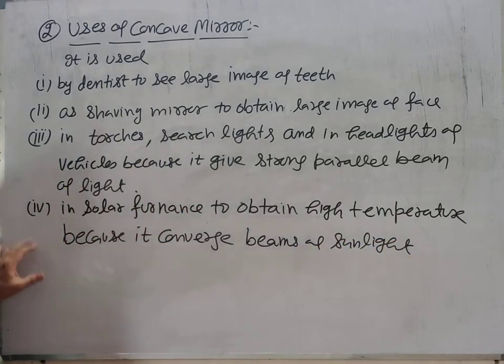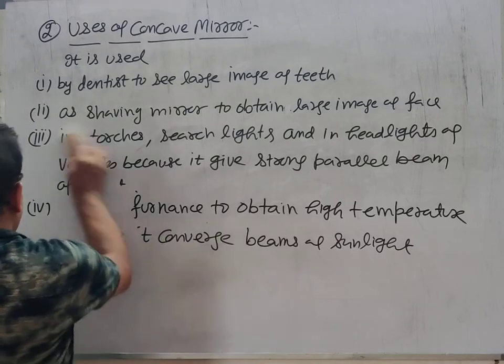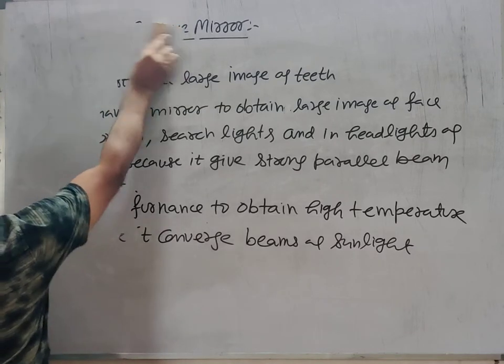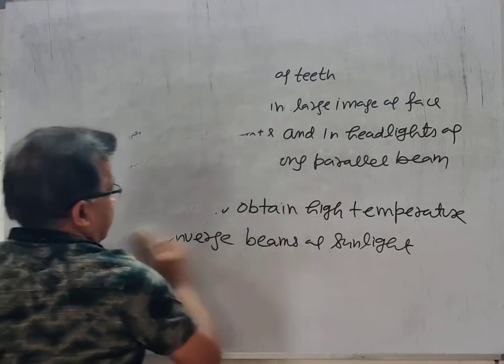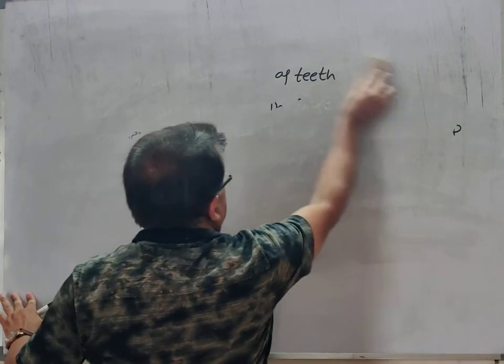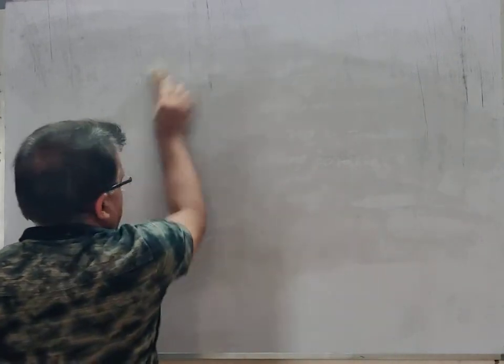These are the 4 uses of the concave mirror with their reasons. Now we shall study the image formed by a convex mirror. Ray diagram of the image formed by a convex mirror.